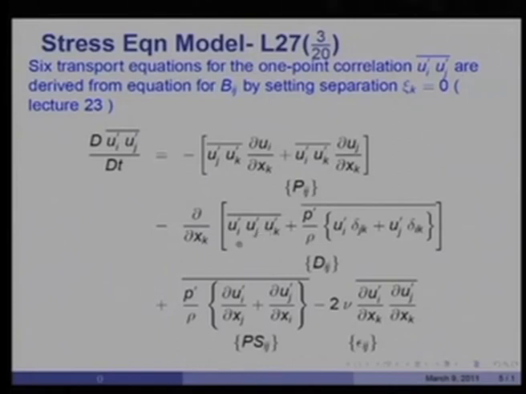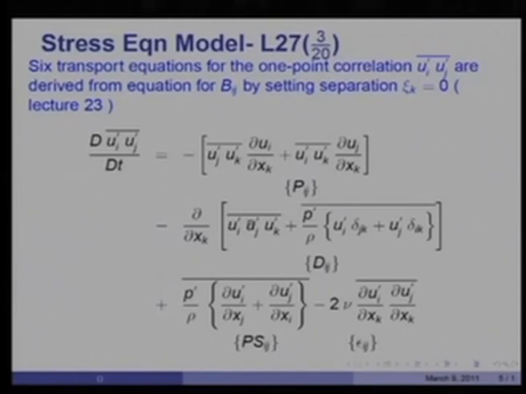Likewise, an equation for ui prime uj prime uk prime would give rise to 4 velocity fluctuation terms, time averaged of ui squared uj uk or uj square ui uk and so on and so forth. So, this is the problem with the statistical approach to deriving equations for turbulence, because there will always be terms of an order higher that need to be modeled, and that is the closure problem.